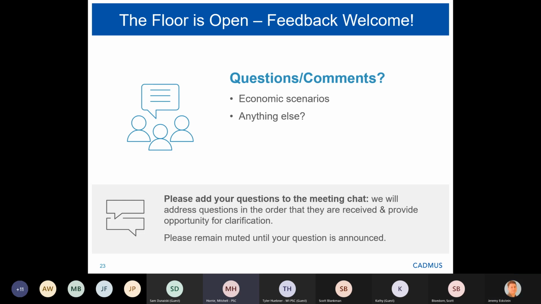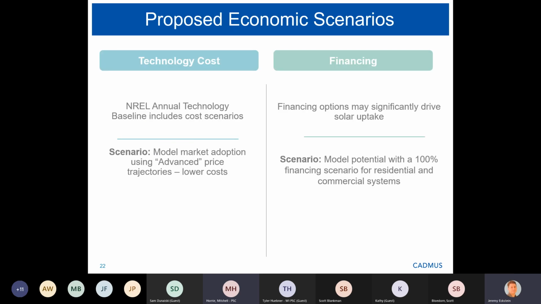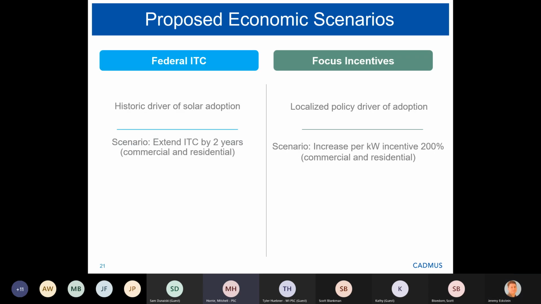One scenario would be to look at a significant increase to the Focus on Energy incentives. I don't think we landed on a particular number, but it sounded like maybe a 200% increase was reasonable, if not low.